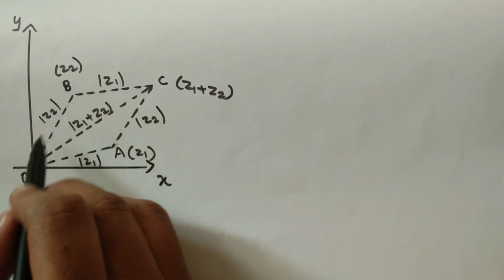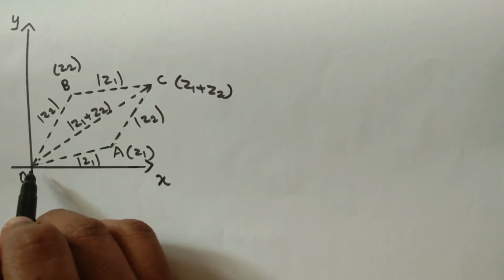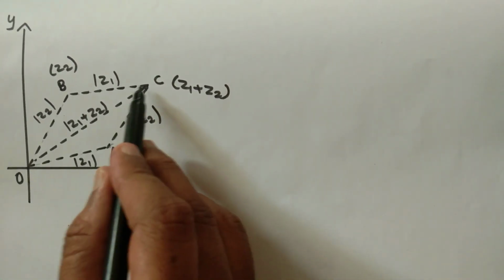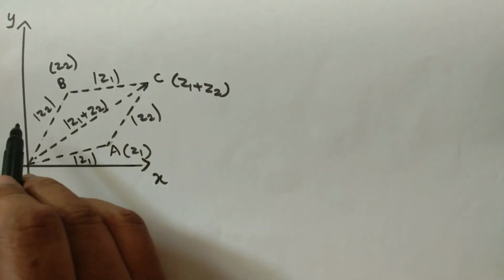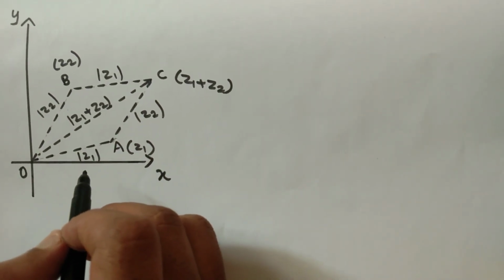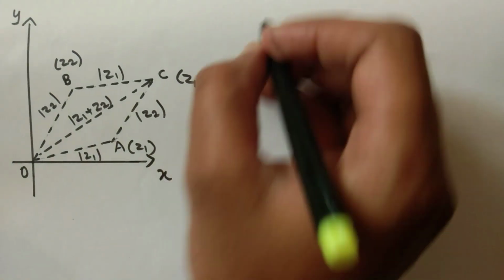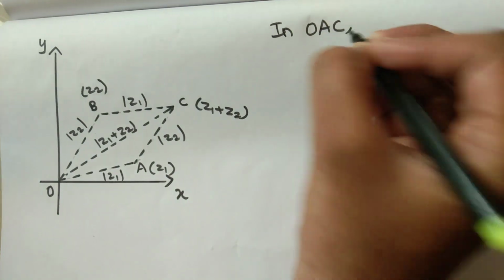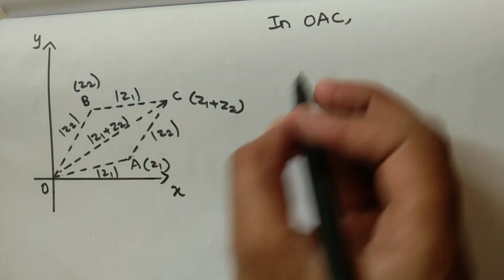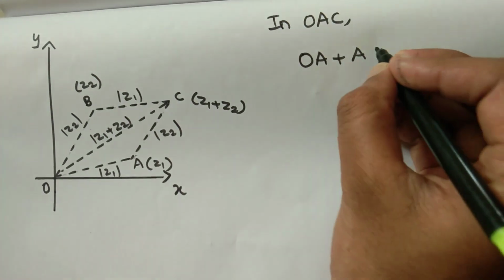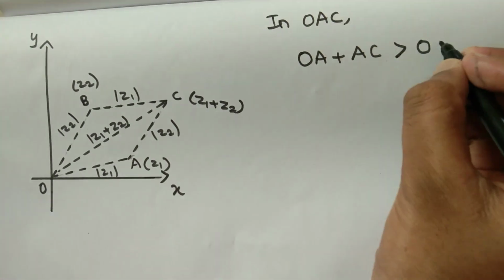From the parallelogram I am going to consider a triangle OAC. In triangle, sum of two sides is more than the third side. So in triangle OAC, sum of the two sides, that is OA plus AC, is greater than OC.